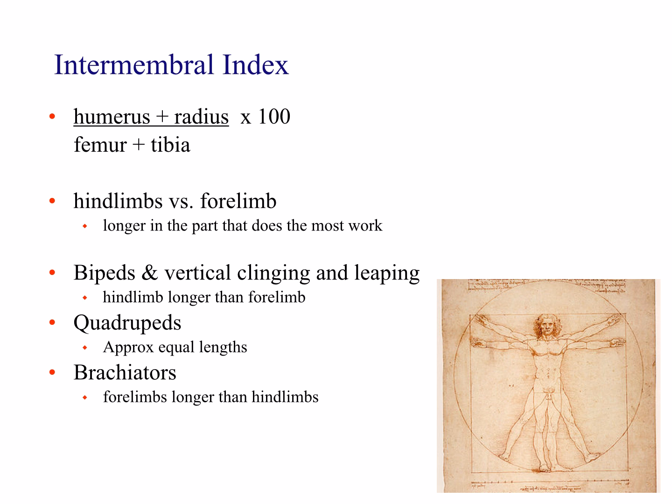Whereas if you look at other primates, if they're spending most of their time swinging from branch to branch, their arms are going to be longer than their hind limbs. So bipeds and vertical clingers and leapers have the hind limb longer than the forelimb. Quadrupeds, if they're walking on all fours, are going to be equal length because they're using their hind limbs and forelimbs the same amount. And brachiators, they're using their forelimbs more, so they are longer than their hind limbs.